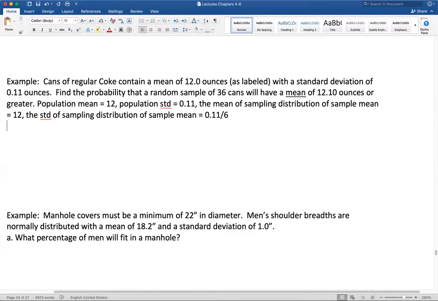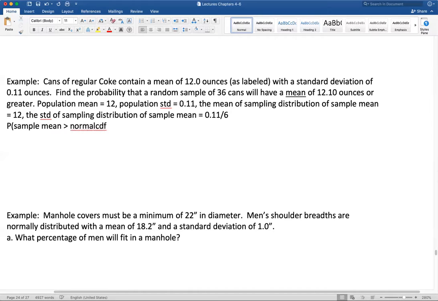So now using this information, we're going to enter it into the calculator using the built-in function normal CDF. The question is: find the probability that x bar, the sample mean, is 12.10 ounces or greater.